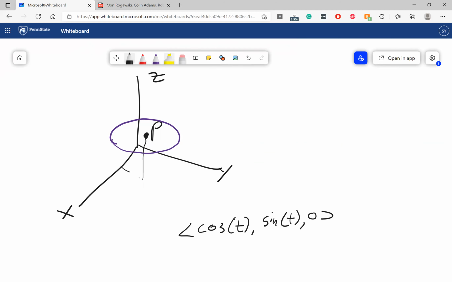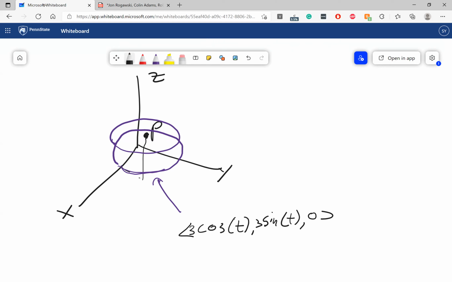It has radius 1, and we're looking for a circle of radius 3. The z dimension is 0, right? If you take your x squared plus your y squared, you get 1. So it's a circle with radius 1. In order to get it to have radius 3, we just put a 3 here and a 3 there. Okay, now it has radius 3.